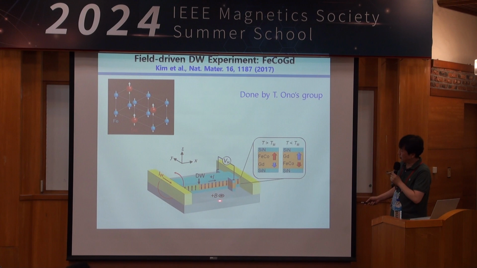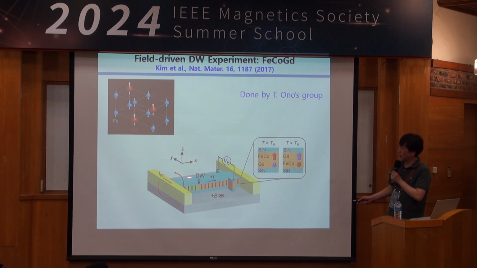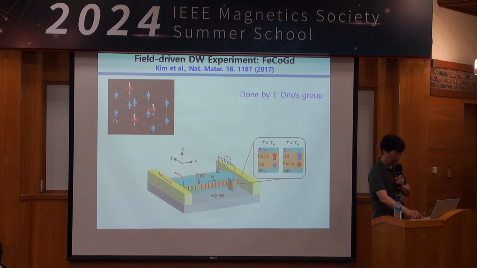In the presence of the magnetic field, it moves to here, and they measure the anomalous Hall voltage in this Hall bar structure in the time domain, so they can know the time taken for a domain wall to move from here to there, and they know the distance, so they can calculate the domain wall velocity.